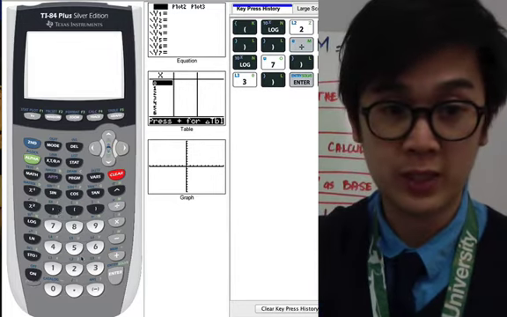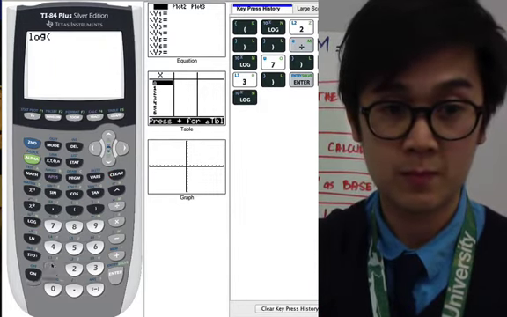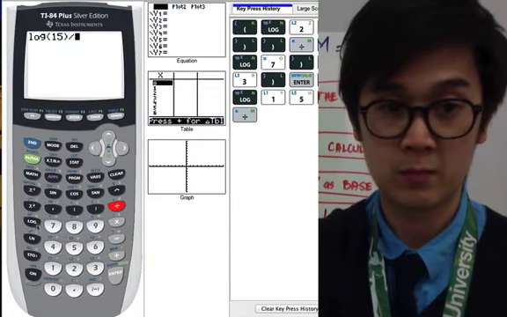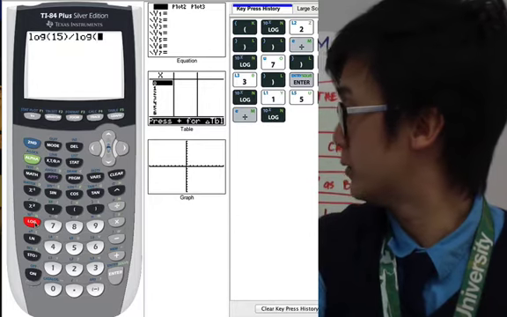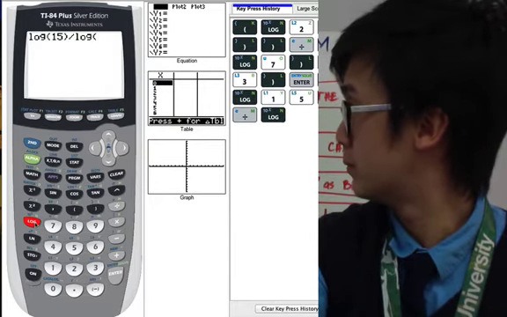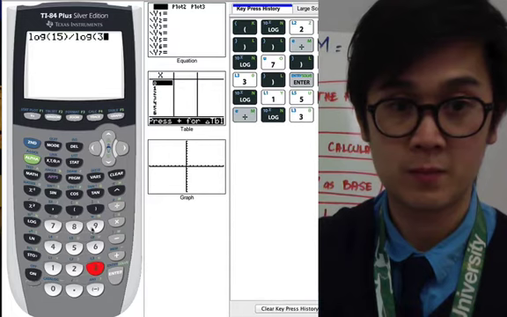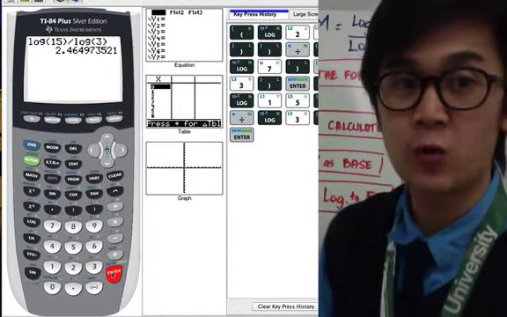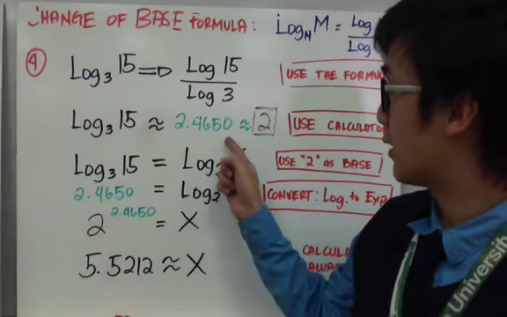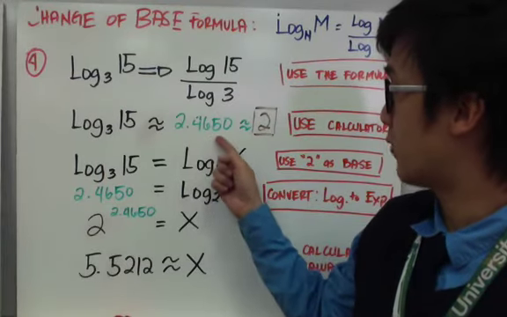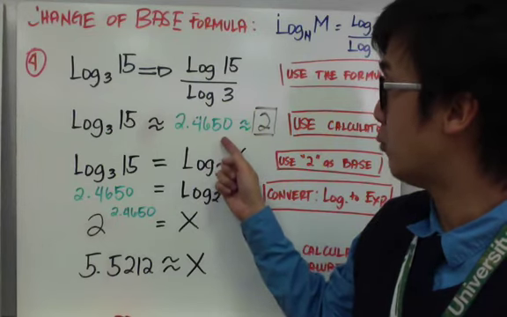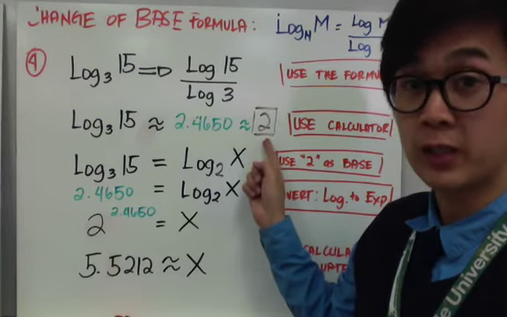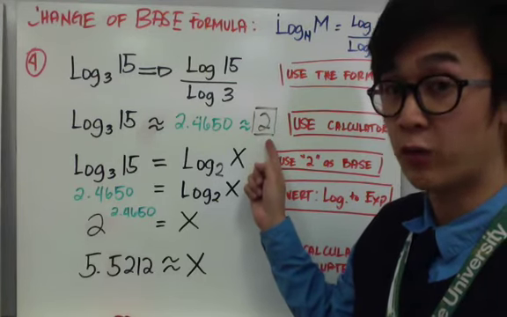Logarithm of 15 divided by logarithm of 3 gives us 2.4649, and I rounded it up to 2.4650. The next step will be to round it up to the nearest whole number. This is important because we are going to use this as our base to solve for x.